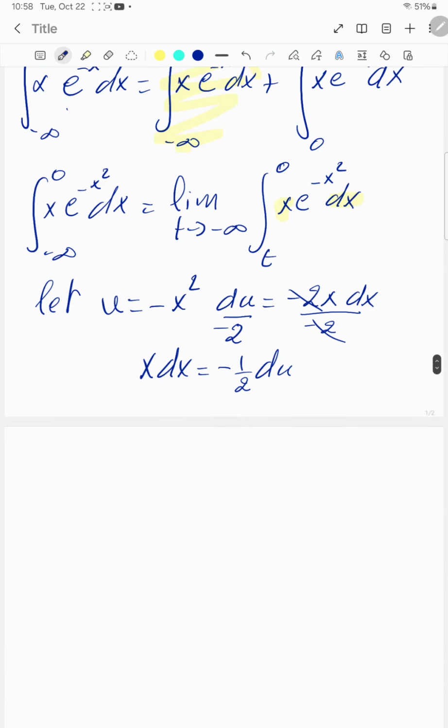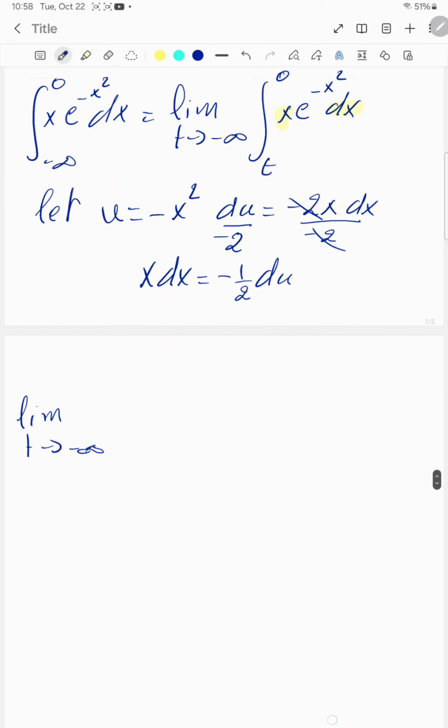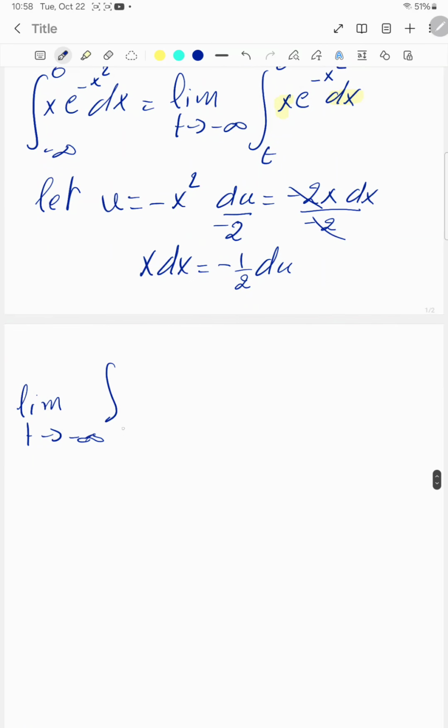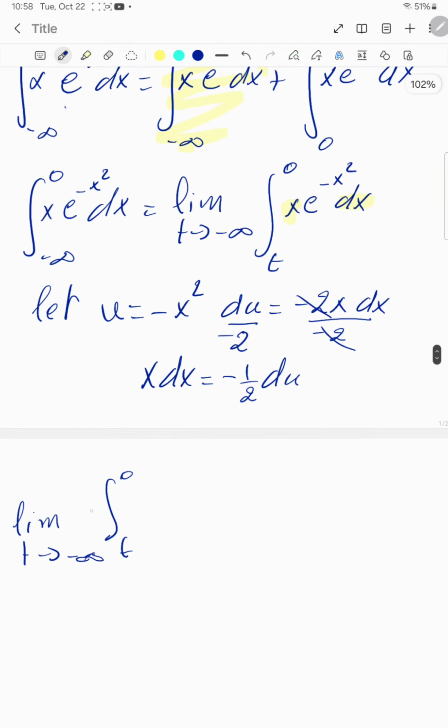So my integral would be the limit when t goes to minus infinity, between t and 0. Instead of x dx, I can put minus 1/2 du. I put minus 1/2 outside my integral because it's a constant, and e to the power of u.